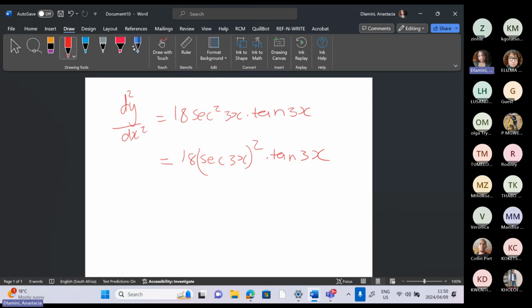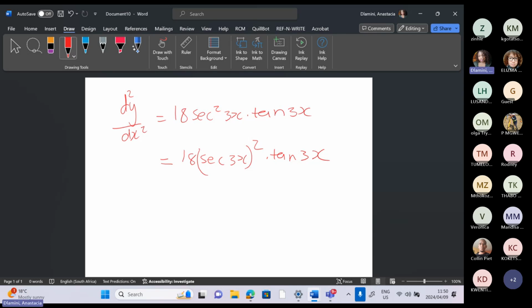Okay, hold it there. Can someone say something? We're going to use the product rule, I think, because we have a multiplication between them. Thank you. The product rule. Thank you very much.